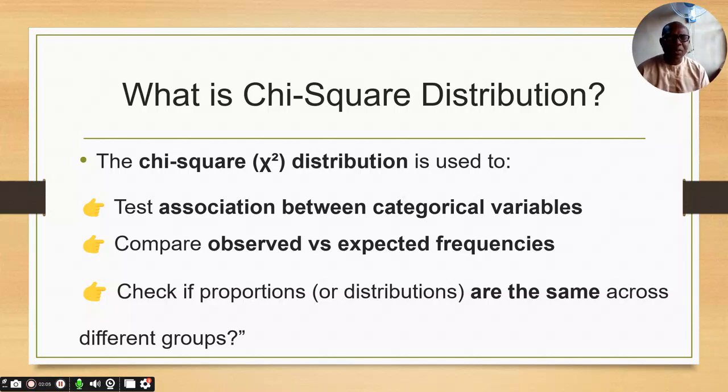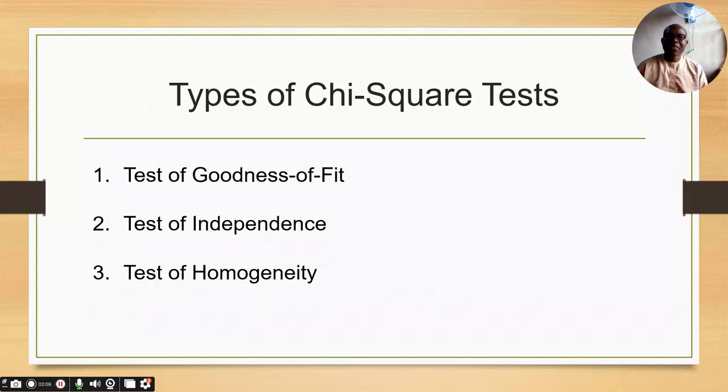Sometimes we could use it to compare proportions across different groups. Basically, we have three types of chi-square tests. The first is the test of goodness of fit. The second is the test of independence. The third is the test of homogeneity.